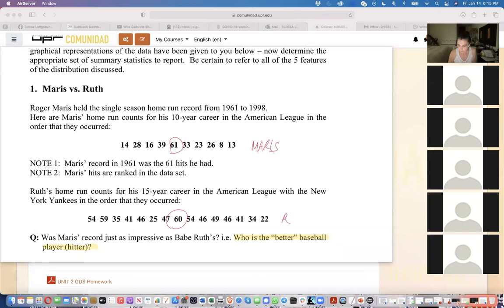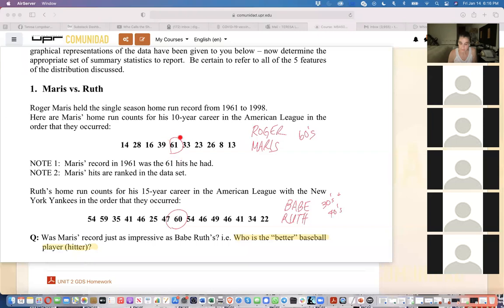All right. 15 years, Wolf. Yeah. Okay, this is Babe Ruth. This is Roger. They're both, yes. And this was in the 30s and 40s. I think 30s and 40s. And this was in the 60s. It's because he has 61.